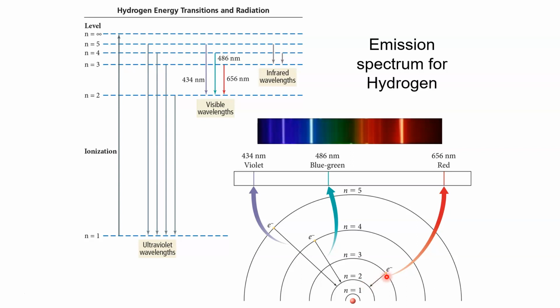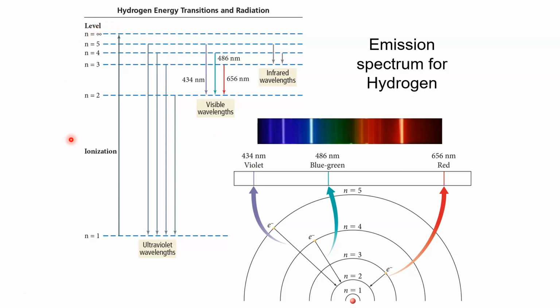And when an electron starts on the n equals 2, principal quantum number of 2, so it starts at the 2 shell. If it excites to the 3 and then falls back down to the 2, that's red light. If it's excited to the 4 and falls back down to the 2, blue-green light is emitted. And if it's excited to the 5 and then falls back down to the 2, then that emits violet light.